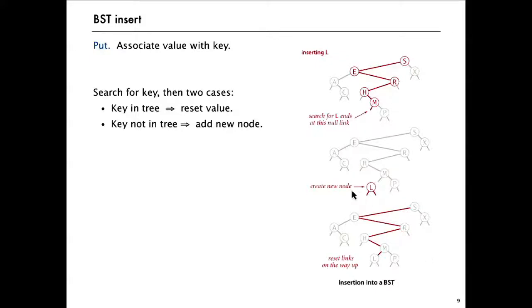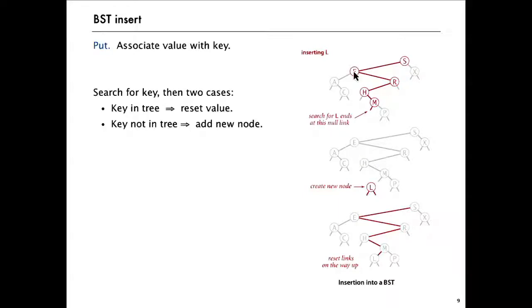Now it's a little bit tricky the way that we implement it, since we use a recursive implementation. And the reason we do this is that it generalizes to give us more efficient data structures later on. So what we'll do is use a recursive implementation that, as it moves down the tree, will return a link up higher in the tree.